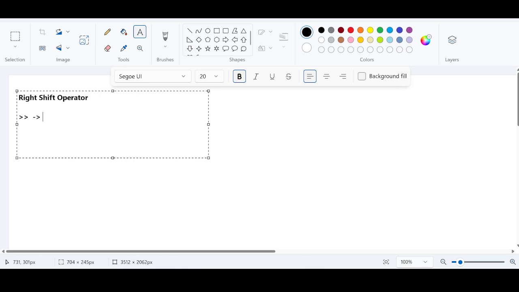You can also call this the arithmetic right shift operator, or signed right shift operator.